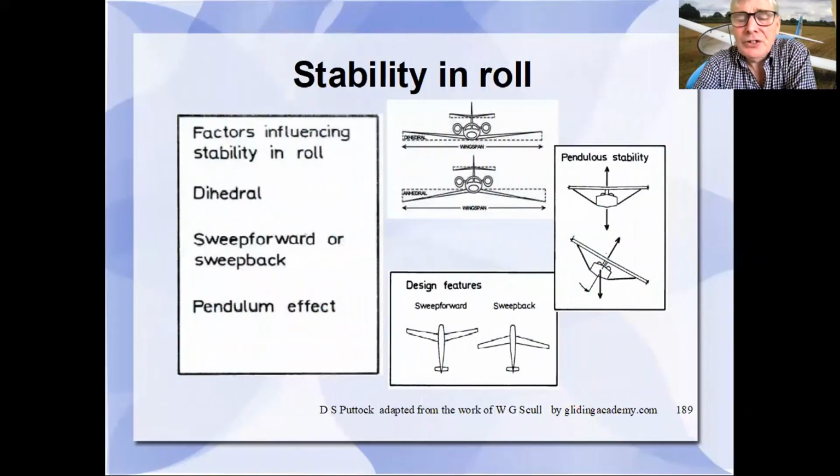So the factors that are affecting stability in roll are: one, dihedral; secondly, wing swept forward or swept back; and thirdly, the pendulous effect, or pendulum effect, of the wing versus the centre of gravity.